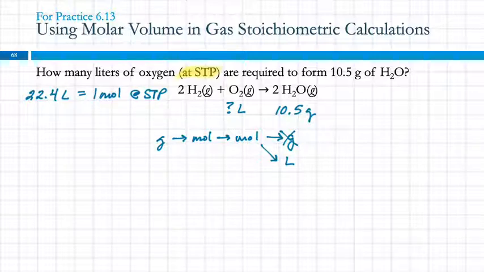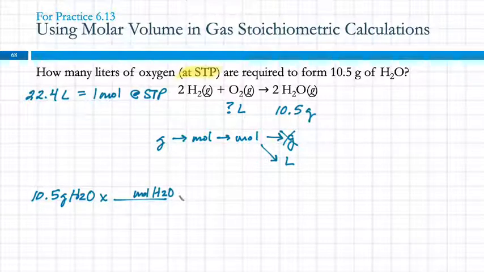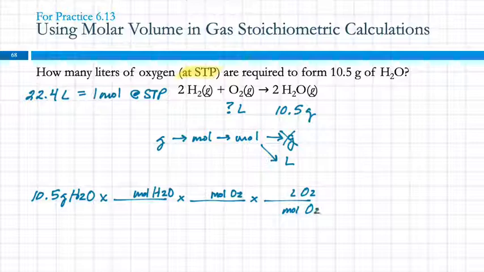So that makes this one pretty easy once you see what you're doing. 10.5 grams of water, grams of water to moles of water, 2 moles of oxygen, to liters of oxygen. Moles of oxygen down here. Those cancel. Moles of H2O. And grams of H2O.